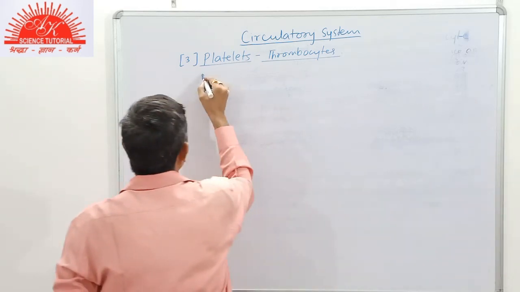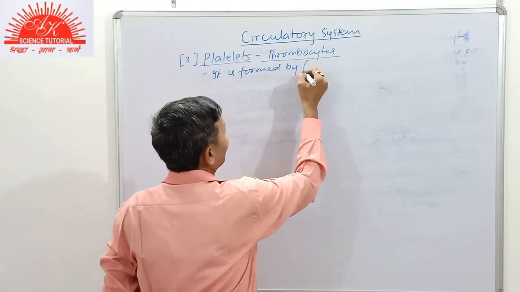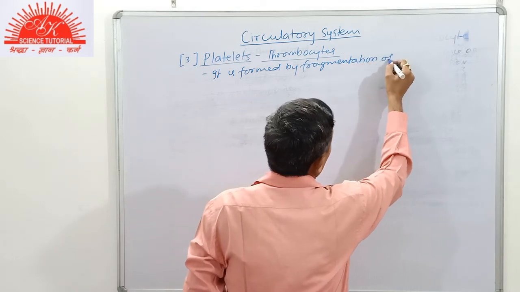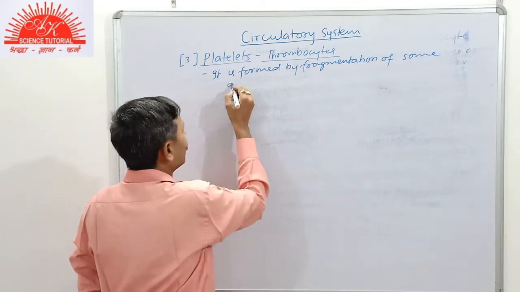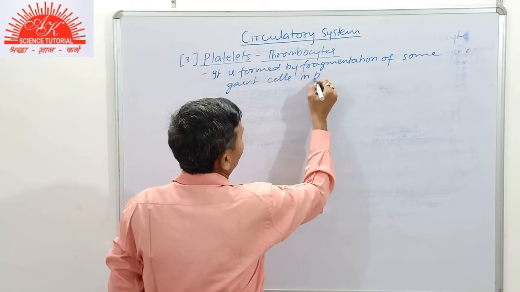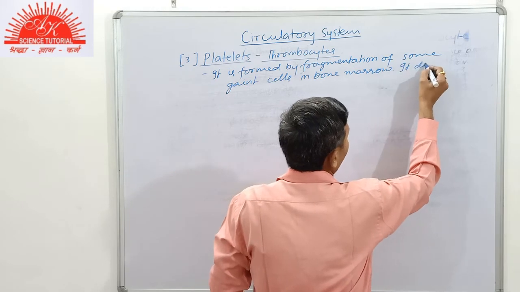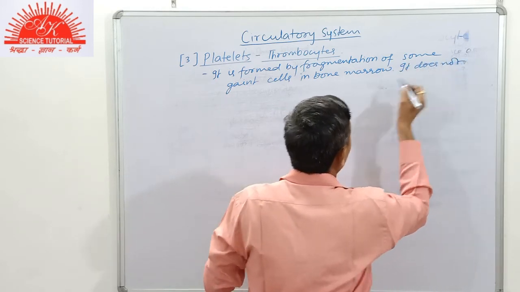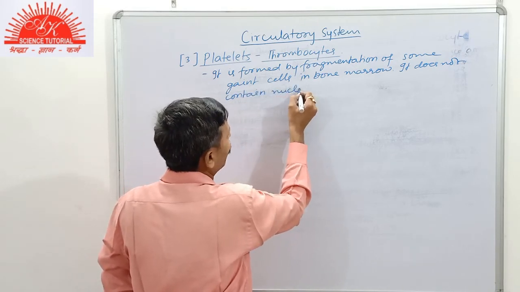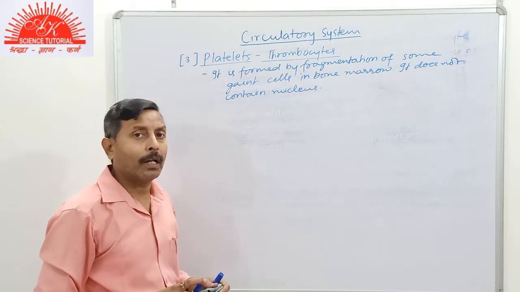So it is formed by fragmentation of some giant cells in bone marrow. So it does not contain a nucleus. This is why it is also termed an acellular, non-cellular component of the blood.